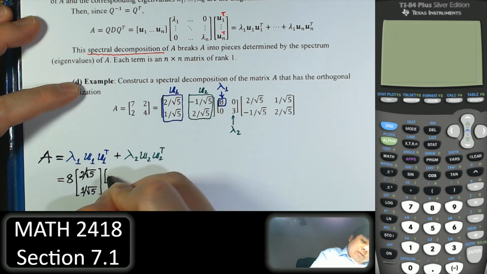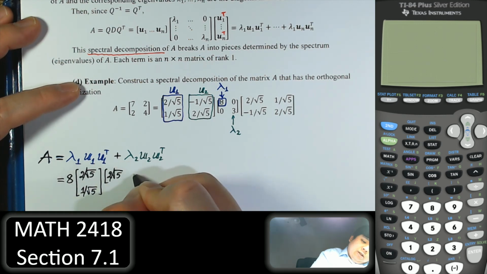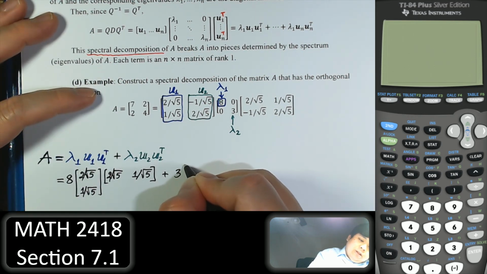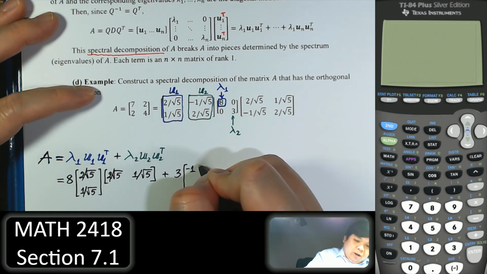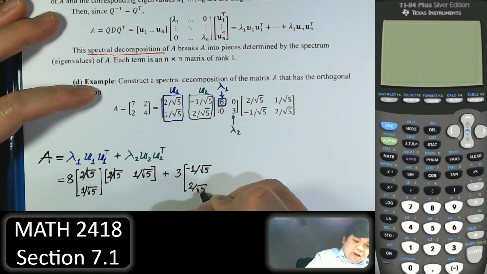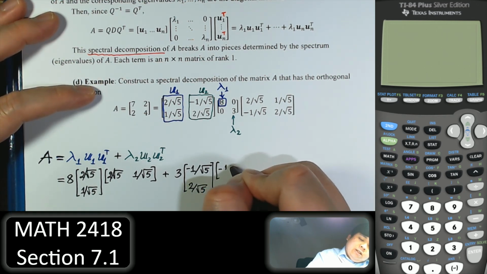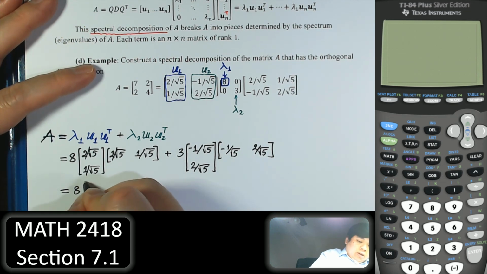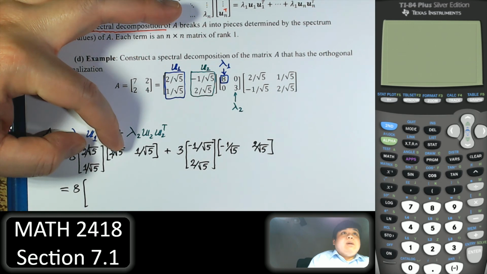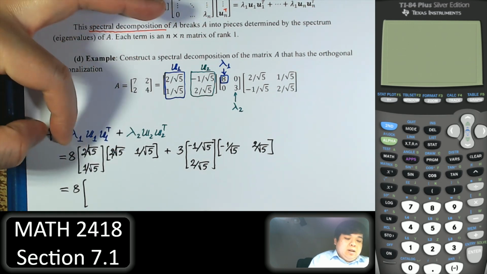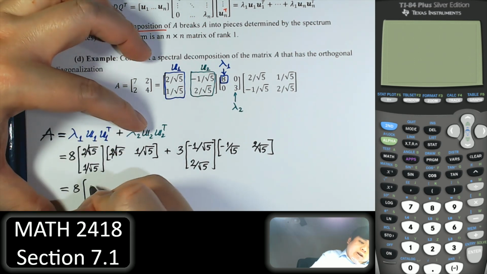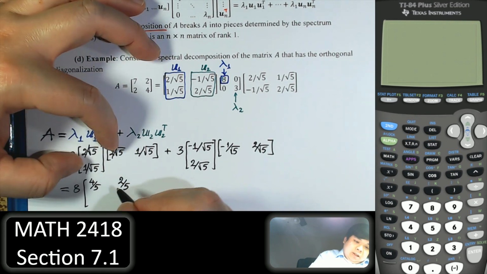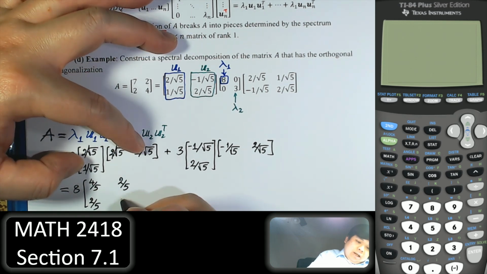Then we transpose this, and then lambda 2, the vector negative 1 divided by square root of 5, 2 divided by square root of 5, and then transpose. 8 times that column times row, so that would be 4 over 5, 2 over 5, 2 over 5, and 1 over 5.